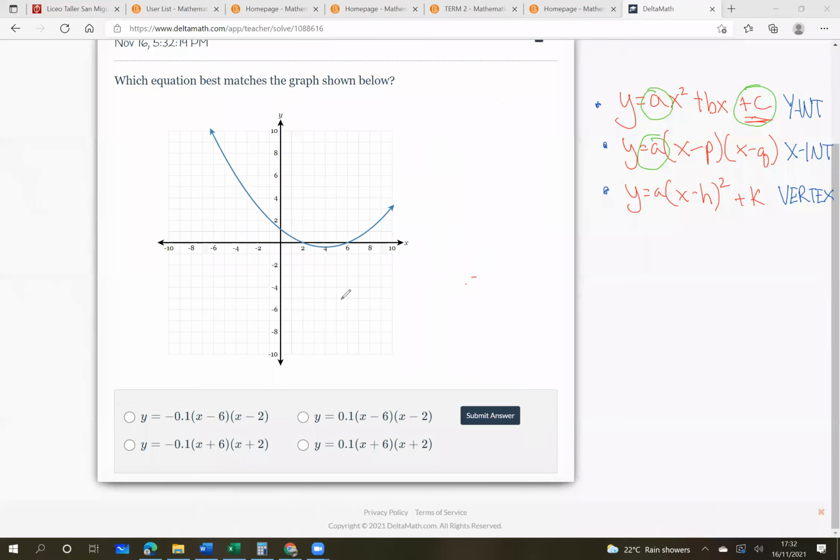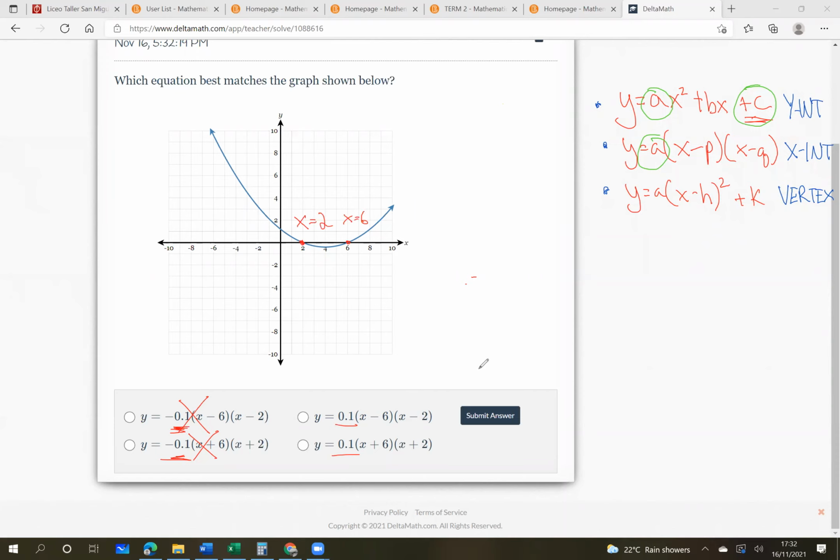Is this a happy face? Oh, it's a happy face. Yeah, definitely. What do I have here? 2. What do I have here? 6. So if I'm dealing with a happy face, it can't be this and it can't be this because the A is negative. But here it's positive and here it's positive. Meaning I'm looking for the opuestos, the opposites.